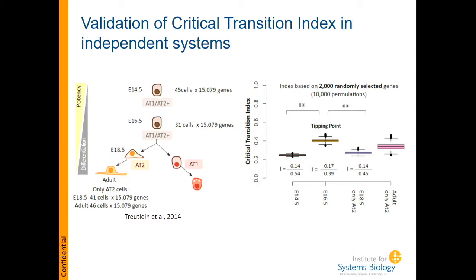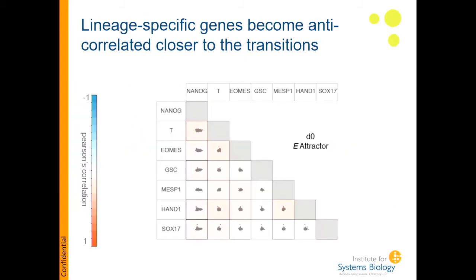When cells make this commitment, you see another increase in IC value. So the importance of this method is that it's mechanism-free. You don't need to know which genes are involved in this process. And that's the beauty of this process. But still, you can drill down and try to identify the genes that are correlating or anti-correlating to identify some sort of mechanism behind this process.